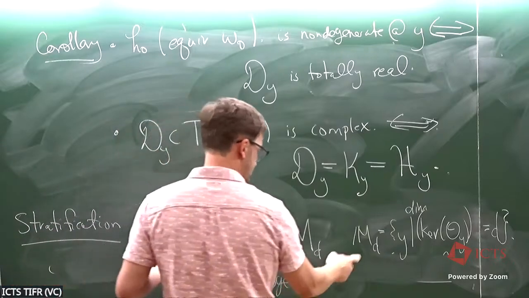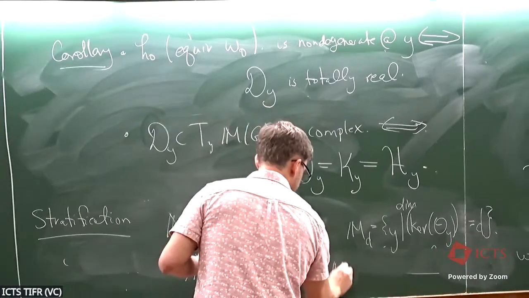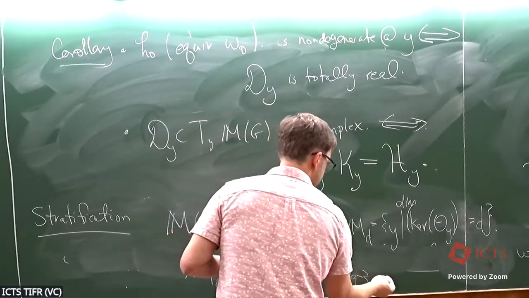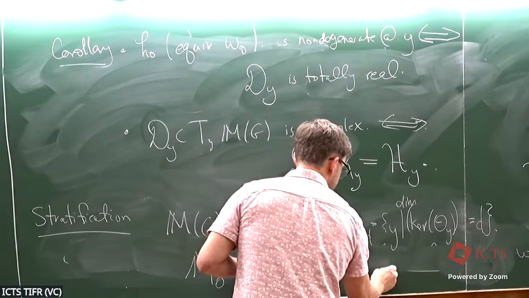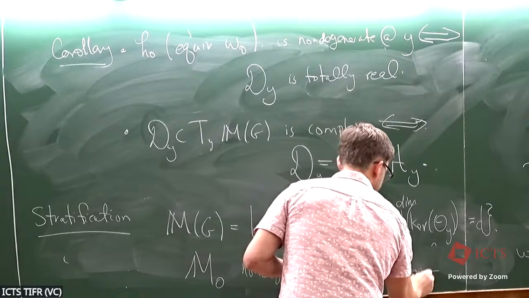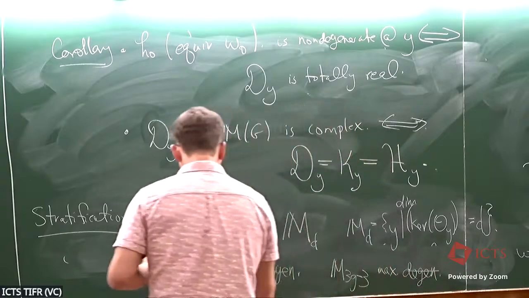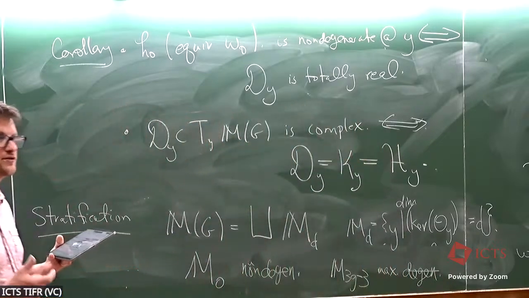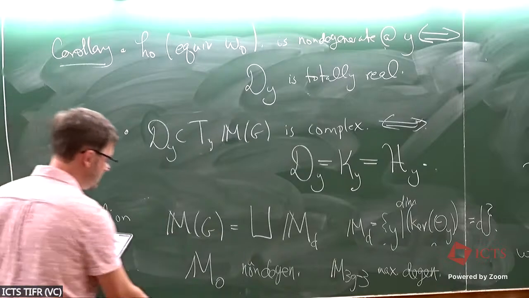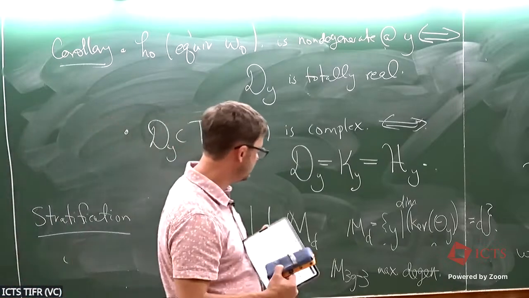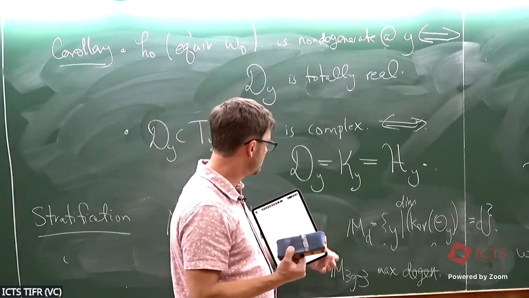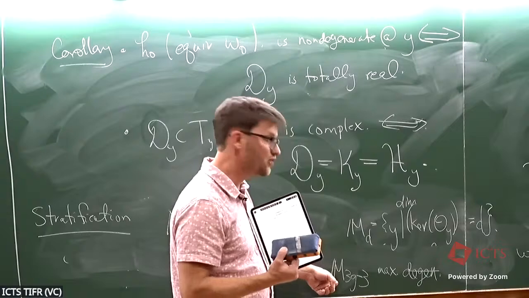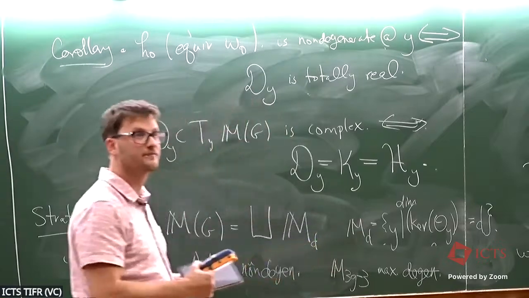The smallest it can be is 3g minus 3, which is maximally degenerate. And this question about finding representations whose Higgs bundles vary holomorphically is asking for holomorphic leaves which are contained in the closed stratum, where it's maximally degenerate.